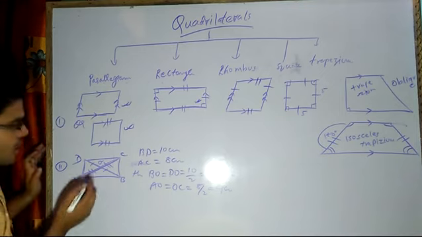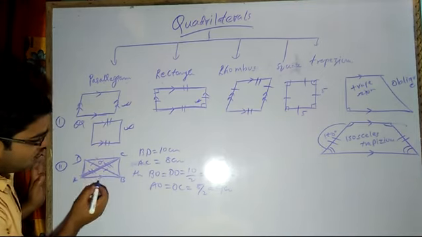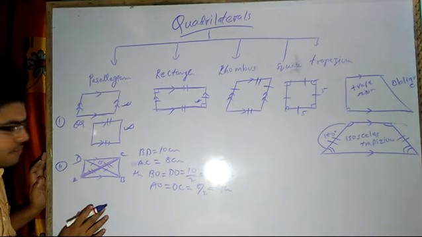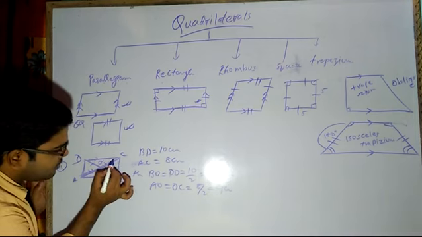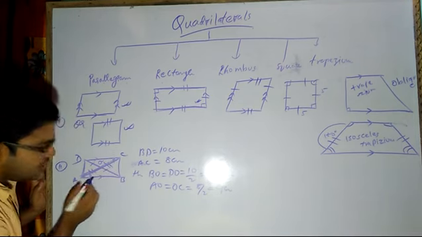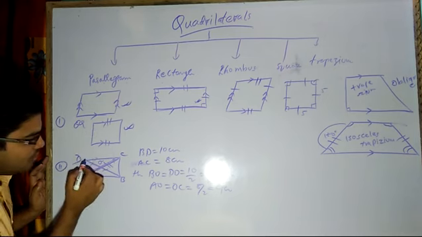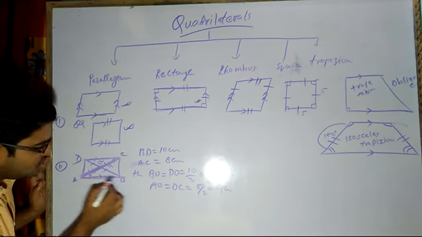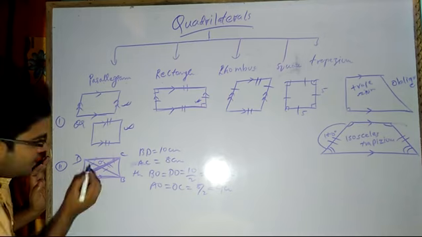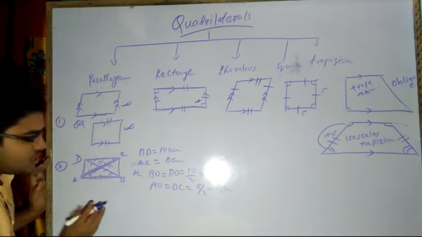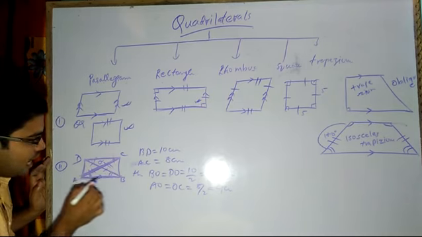Now to prove this, as you all know, in a parallelogram opposite sides are parallel, right? Whatever angle I have here, that same angle will be here, interior alternate angle, because this is Z formation, opposite sides are parallel. Second, this angle will be equal to this angle, again parallel and Z type of formation.